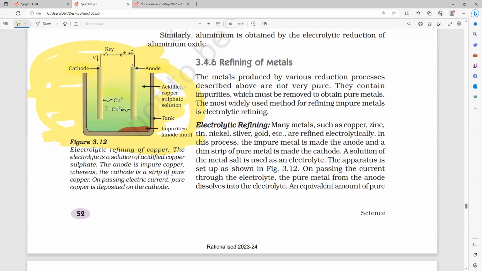Pure metal is always taken as the cathode, and impure metal is always taken as the anode. Ions pass from anode to cathode. Cathode always has negative charge, and anode always has positive charge. And the anode mud, the impurities, will come below the anode. So these are the things you have to remember in this concept. Clear, everybody?